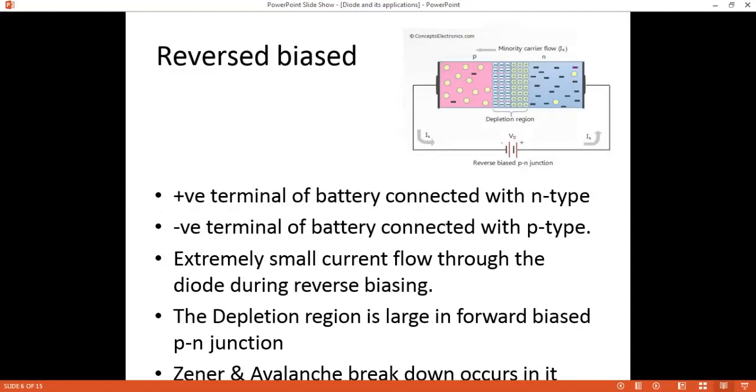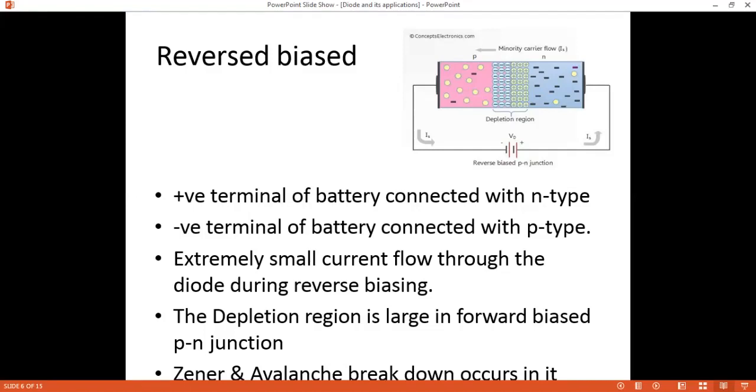The negative of the battery is connected to the positive of the P-type material. The positive of the battery is connected to the negative of the N-type material. After the connections are over, you apply the voltage.